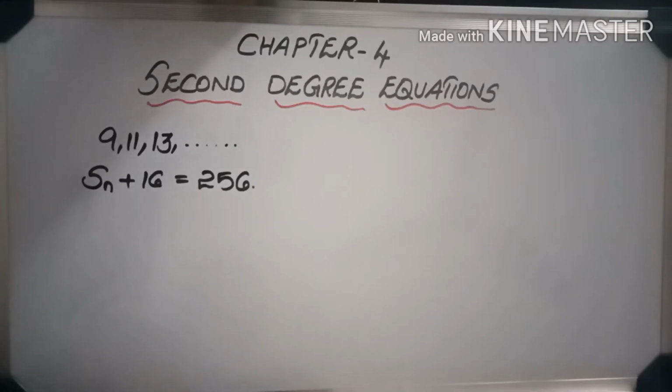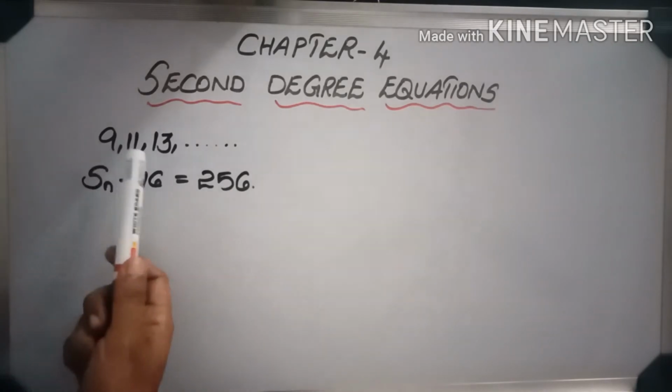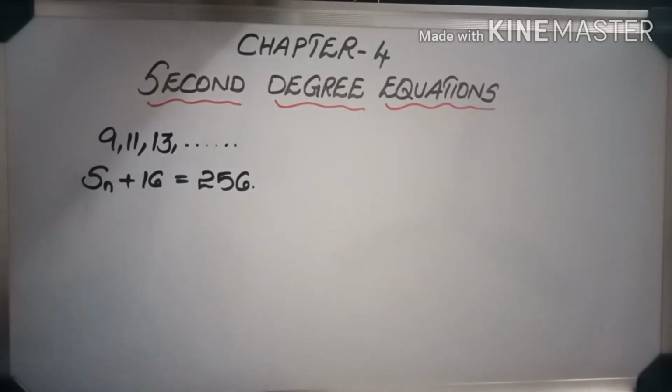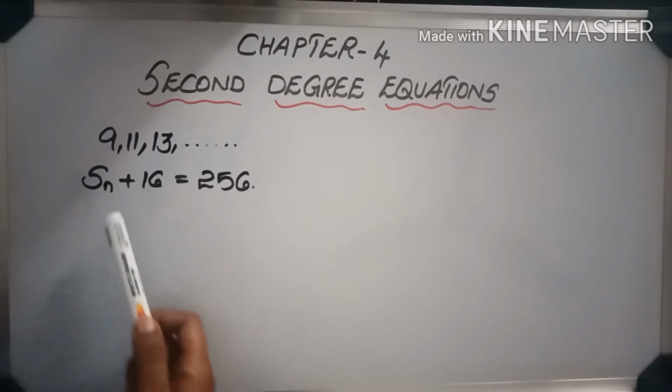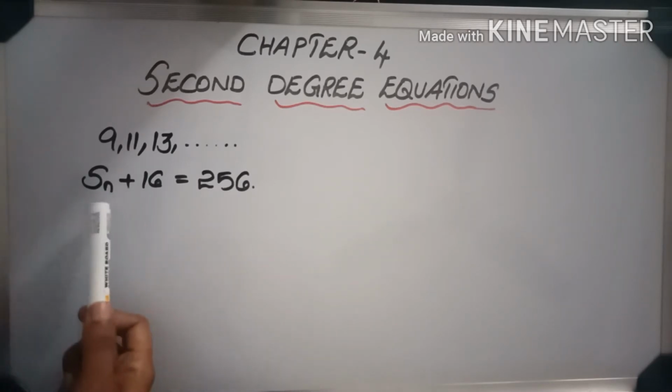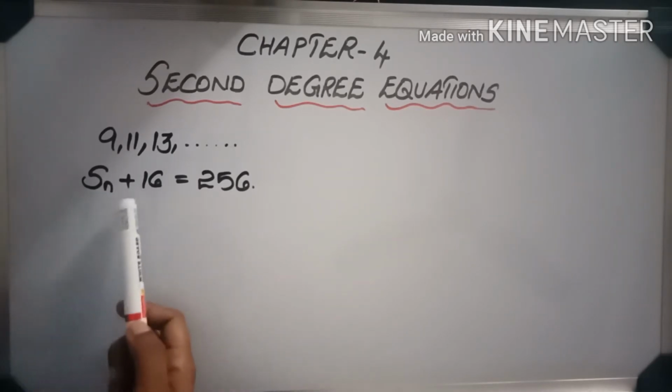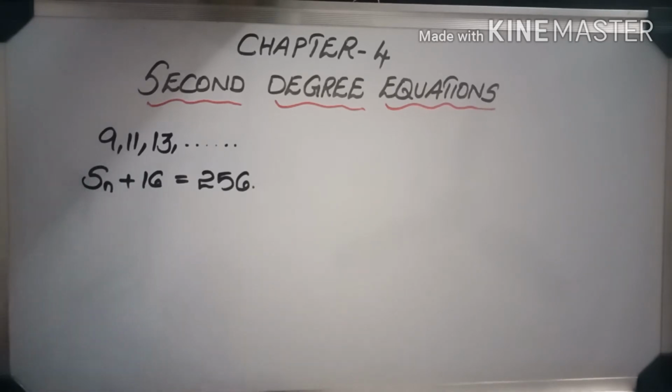The sequence is 9, 11, 13, etc. So the sum of the first few terms we need, that plus 16 is 256.